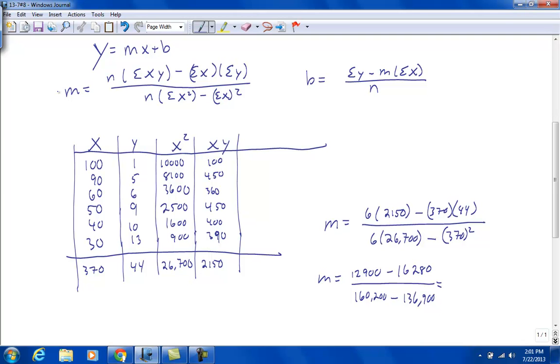So 12,900 minus 16,280 is negative 3,380. 160,200 minus 136,900 is 23,300, and that works out to be negative 0.145064.